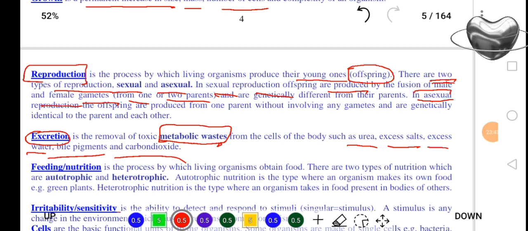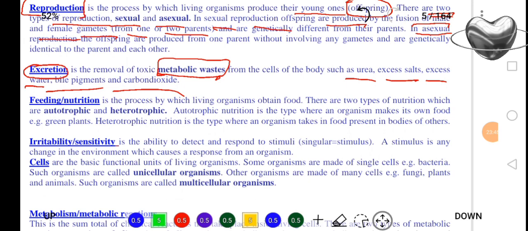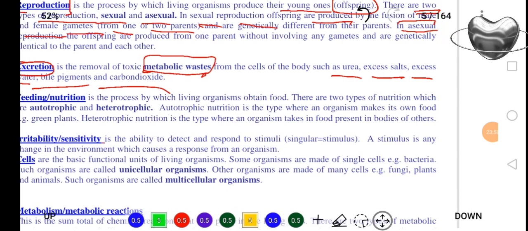Feeding. Feeding is also known as nutrition. Nutrition is the process by which living organisms obtain food.